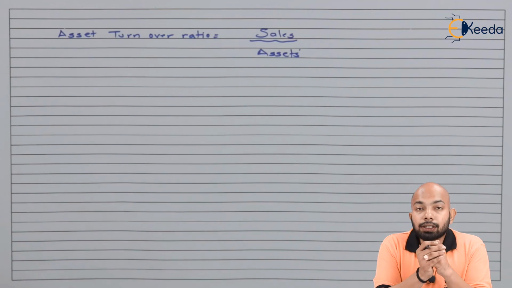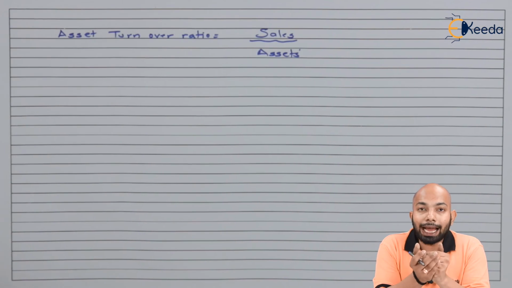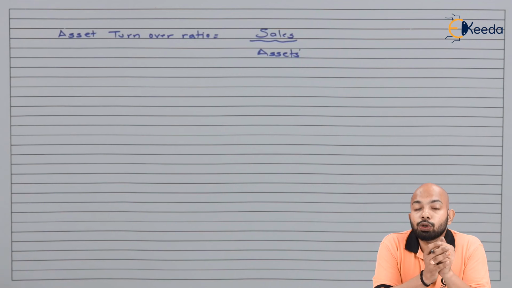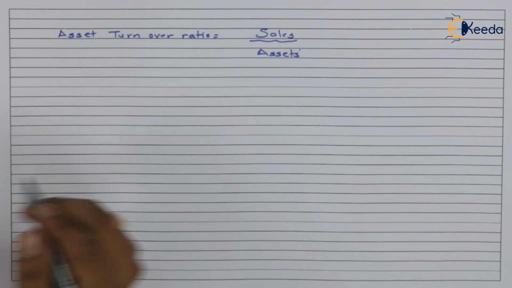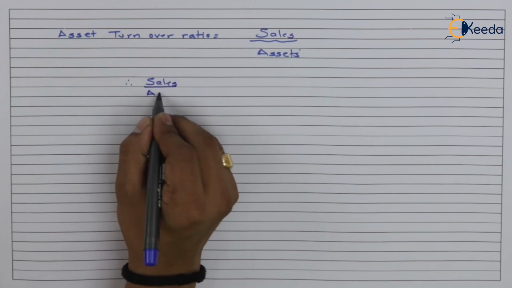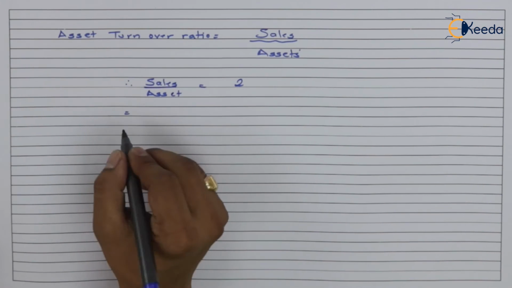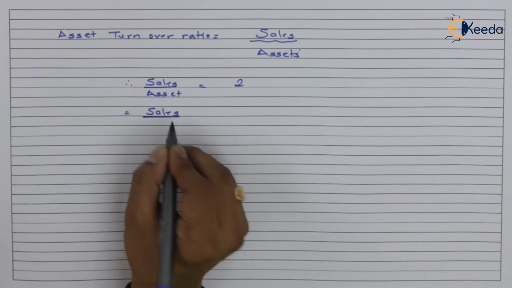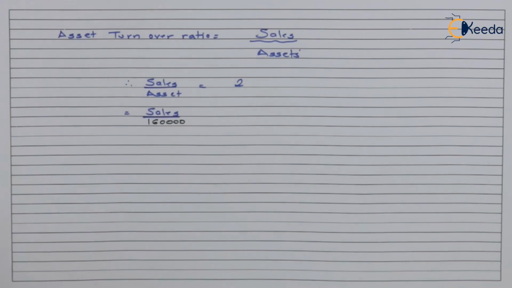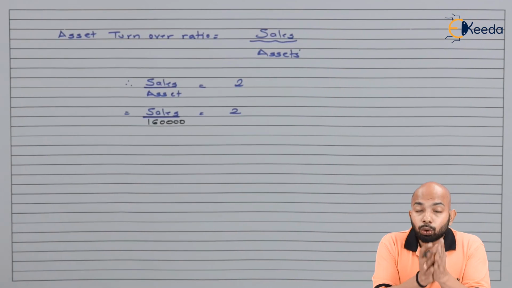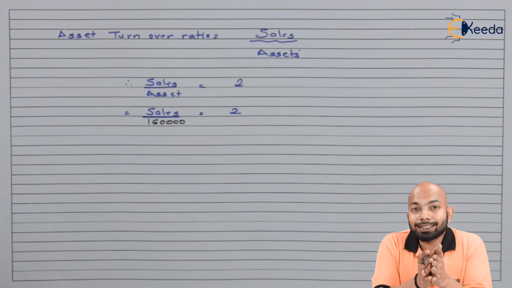The formula for asset turnover ratio is sales upon assets. Sales we have no idea about, but assets we do have an idea about, and the ratio is also provided, which is 2 times. So total assets amount to 1,60,000.